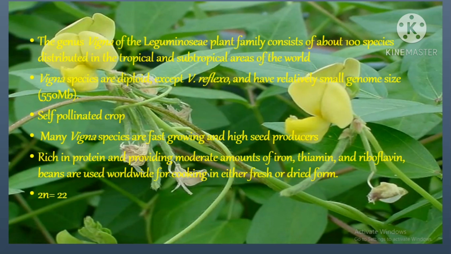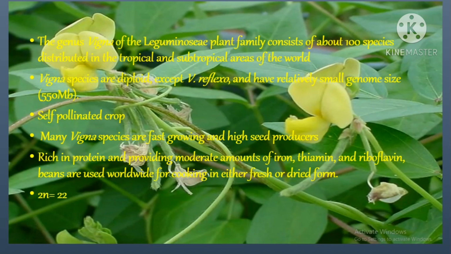It is a self-pollinated crop and many Vigna species are fast growing and high seed producers. It is rich in proteins and provides moderate amounts of iron, thiamine, and riboflavin. Beans are used worldwide for cooking in either fresh or dried form, and 2n is 22.